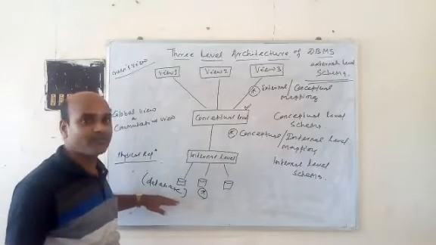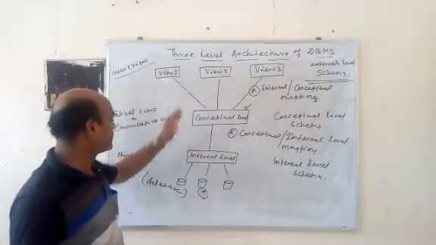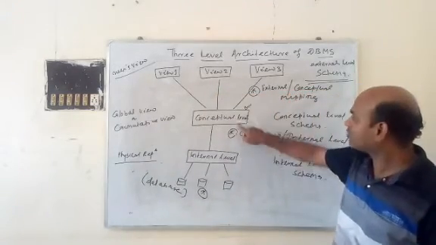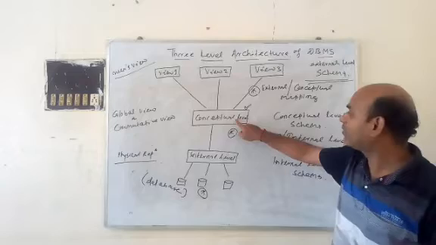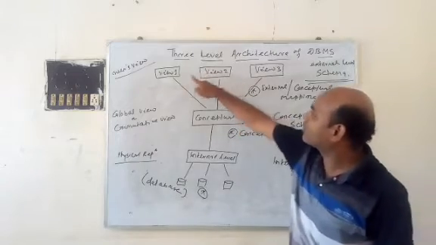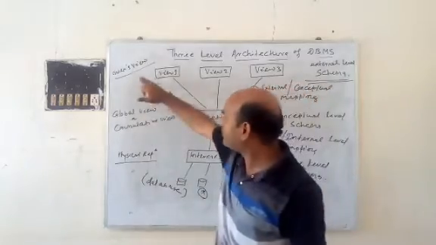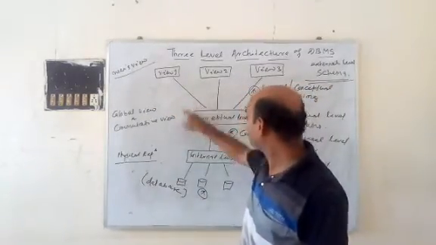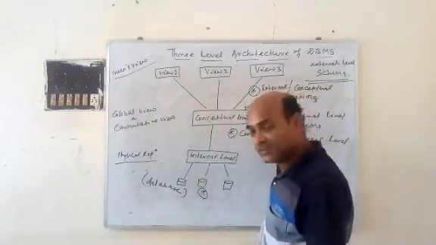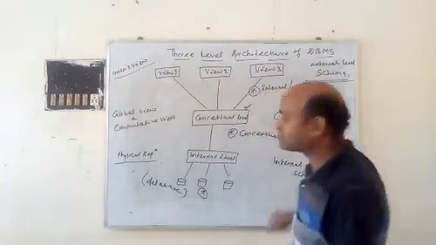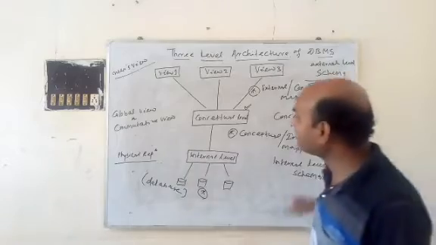In the reverse way, the internal level sends the result to the conceptual level, and the conceptual level sends the result to the specific user. So this is the user's view, and this is the global level. The schema working in this level determines the overall architecture of the database management system.